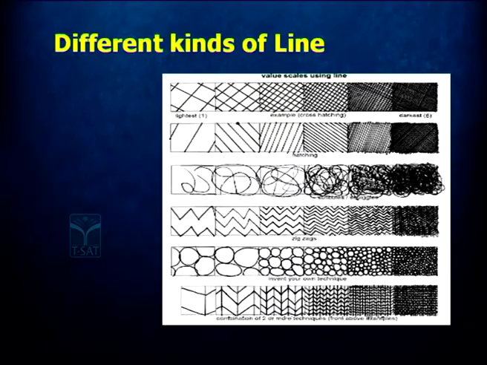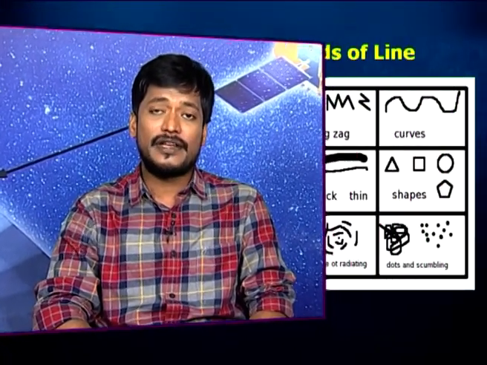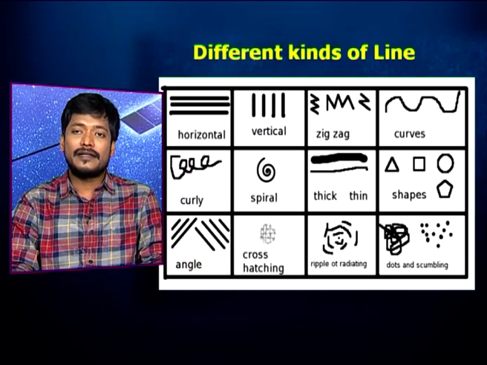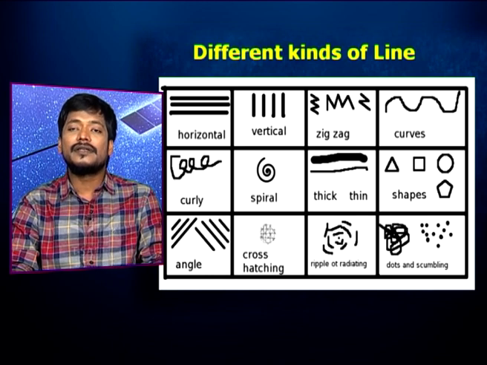So, line. When we try to understand line, line has different characters. You have horizontal lines, straight lines, vertical lines, and zigzag lines, and you can see them on the screen in the slide.